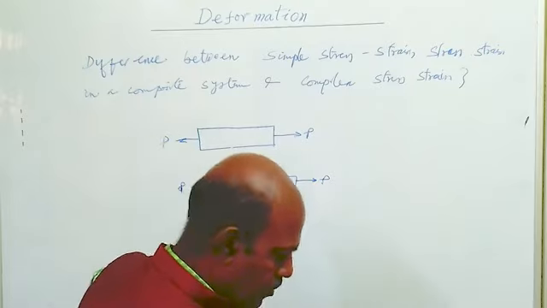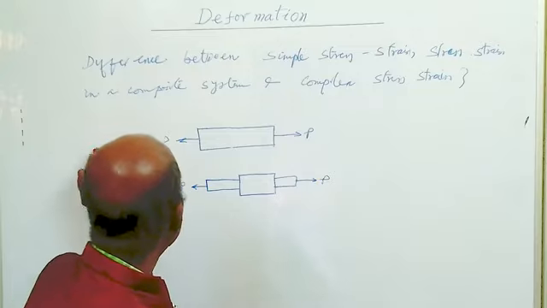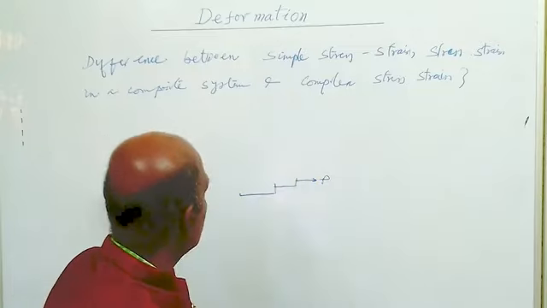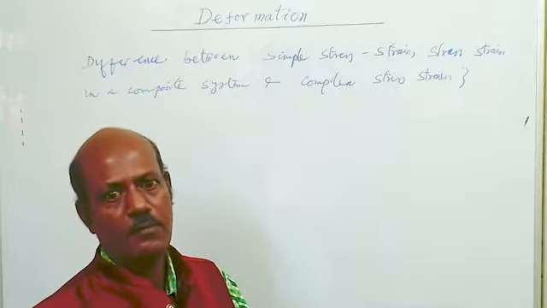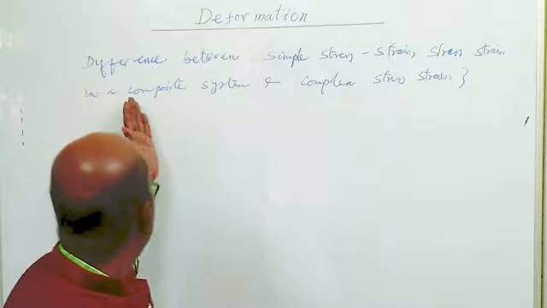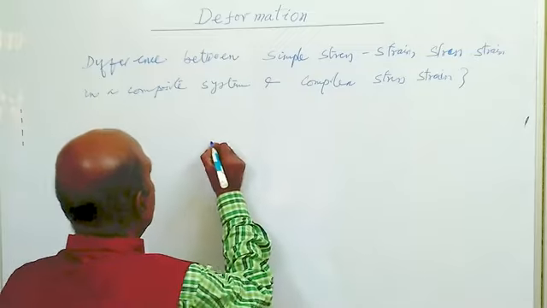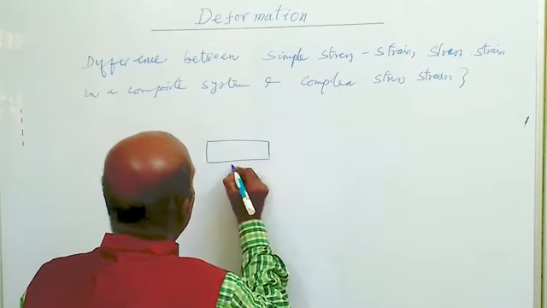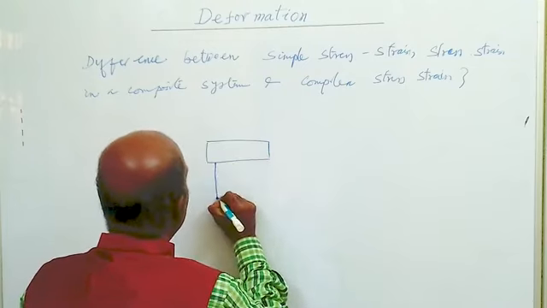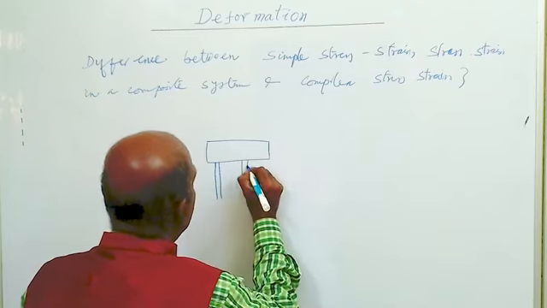Okay, now the second case, that is a composite system. If the total load is shared by more than one member, then that is known as a composite system. For the time being, consider that this is a heavy load. This load is taken by a number of bars of different material.